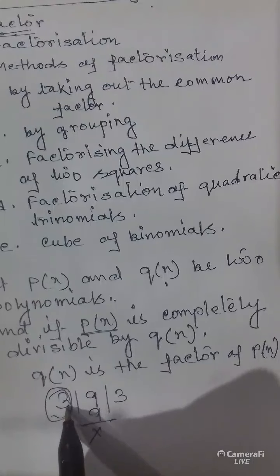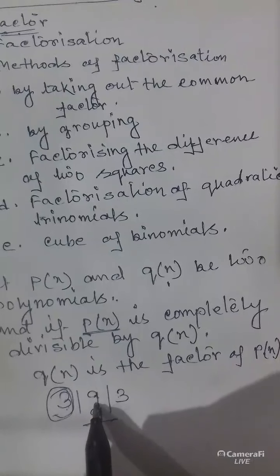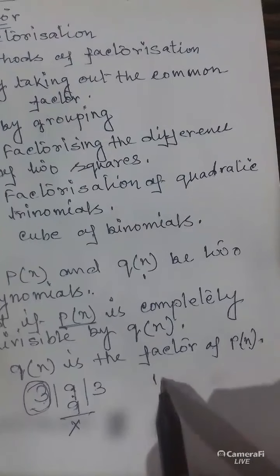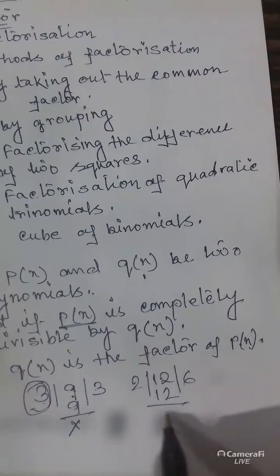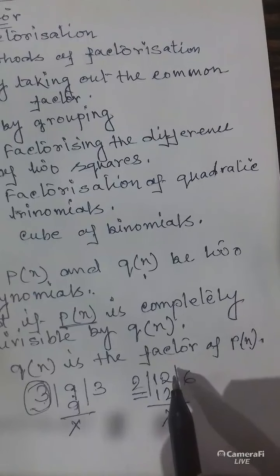Another example, 12 is completely divisible by 2, then 2 is the factor of 12.